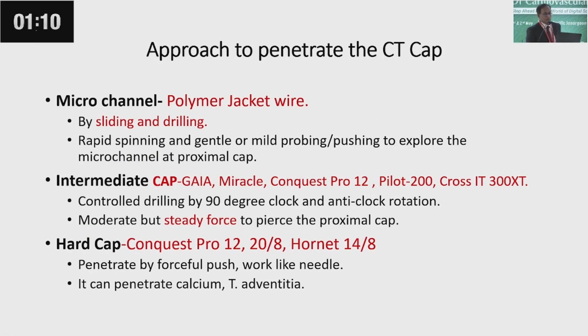So, the approach to penetration of the proximal cap. If there is a micro channel, the polymer jacket is the best one, and if there is an intermediate cap, Gaia is better. For a hard cap, Conquest Pro 12 or Pro 20, or Hornet 14, is the choice for the proximal cap.